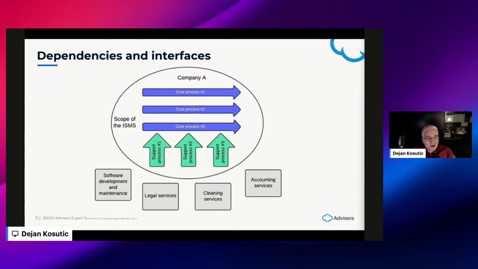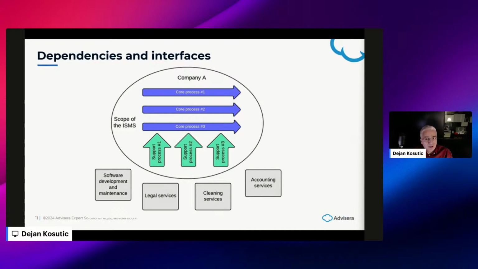Okay. Now, another thing are interfaces. If these are third-party companies, if you have a separate company which develops software, then your interface with them is email through which you communicate with them, or phone, or any kind of access that they have, or a VPN connection, or whatever they are connected with you.